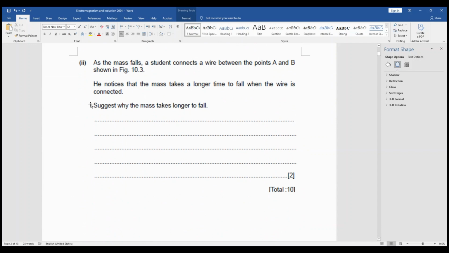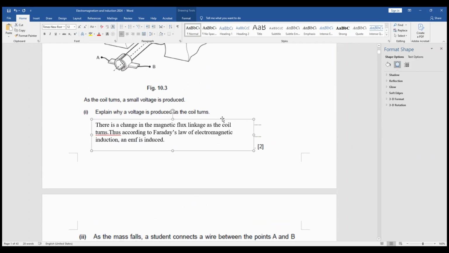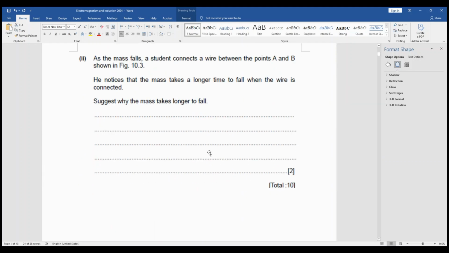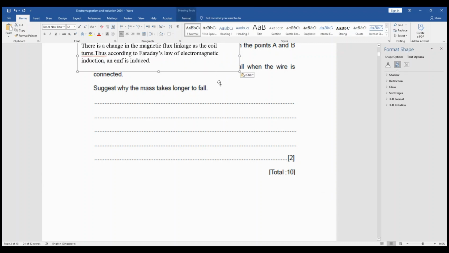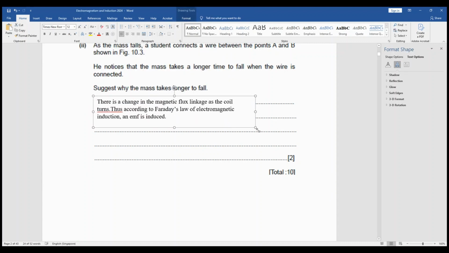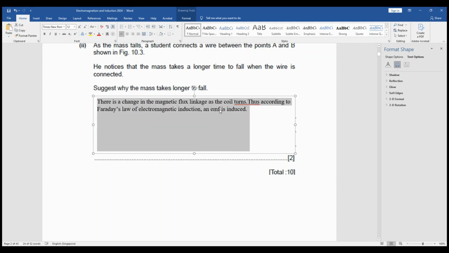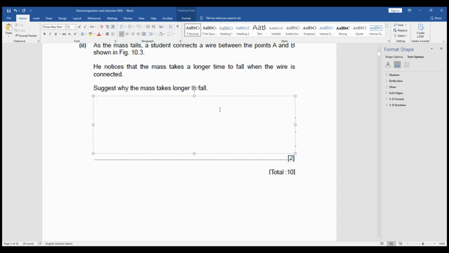Okay, fine. So my answer would be, that's why the mass takes longer to fall. Maybe I should say according to Lenz's law first.